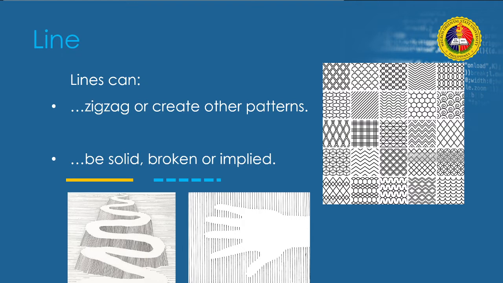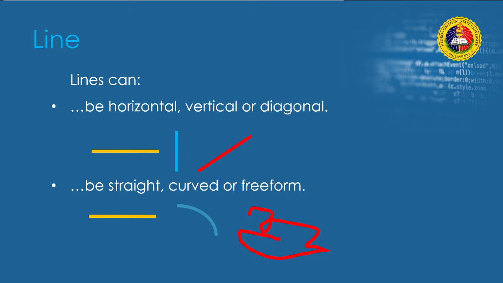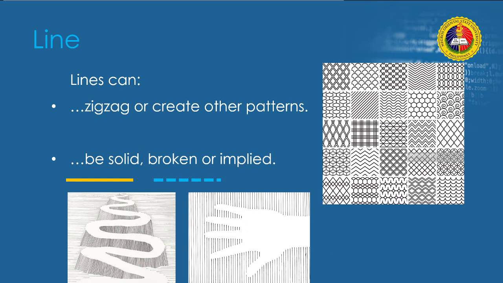Normally, if we talk about line, the one thing that we will say is the straight or the curved lines, but there are more than just straight and curved lines. We have freeform, zigzag, broken, implied, and other patterns.